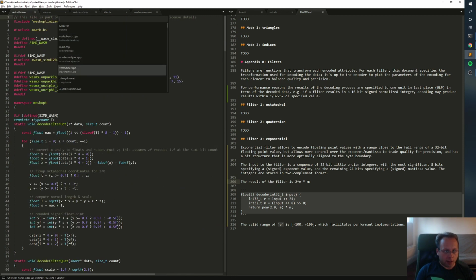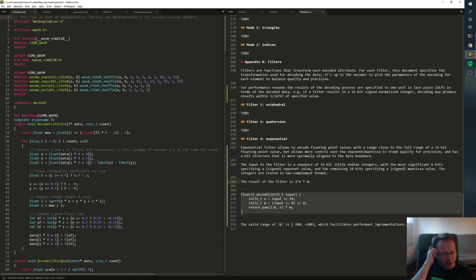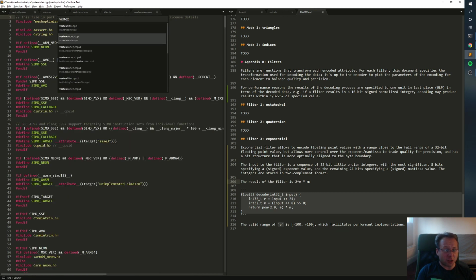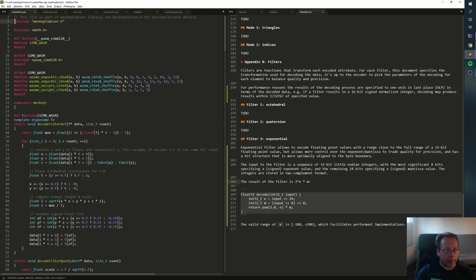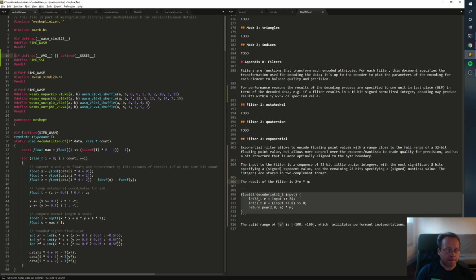So this file right now doesn't have any SIMD implementations, so I'm just going to steal some macros. Oh boy, I don't want to steal all of the macros. Unlike the other stuff that I was doing in this library, this code will just be SSE2, so we'll keep it simple.